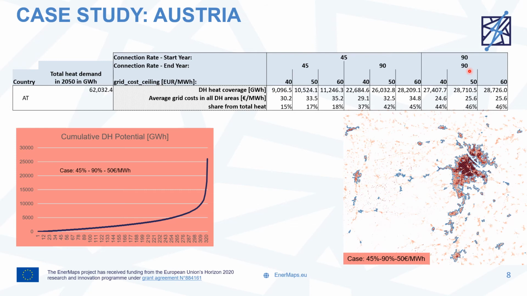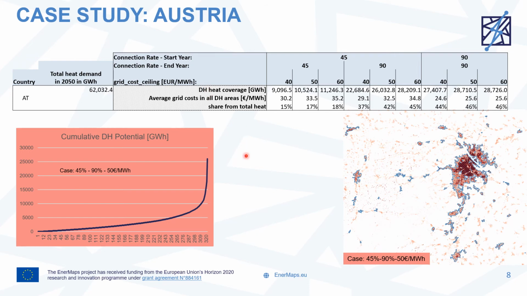However, it is worth mentioning that the highest influence can be seen by the market share. In other words, increase of the market share has the higher impact compared to increase of the grid cost ceiling.